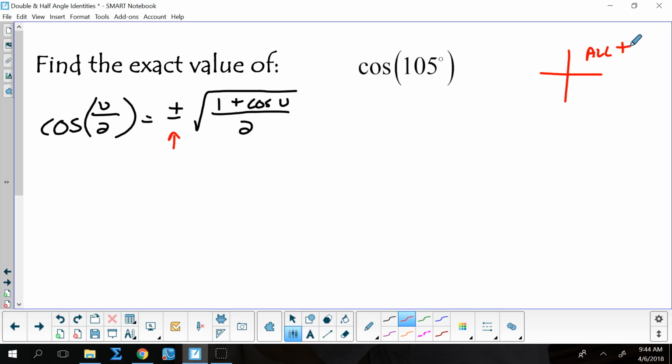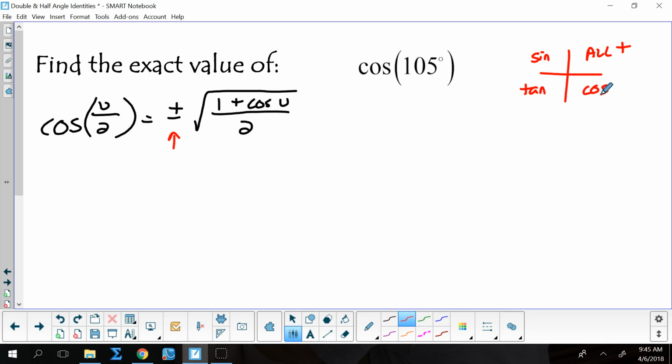Sine, cosine, and tangent are all positive in quadrant number 1. Okay? In quadrant 2, which ones are positive? Quadrant 2, sine is just positive. Quadrant 3, tangent is just positive. Quadrant 4, cosine is just positive.